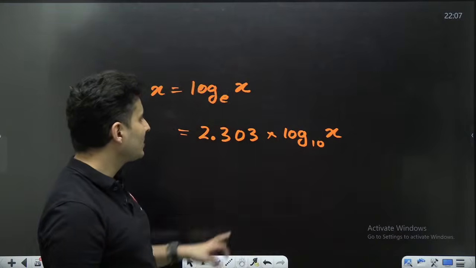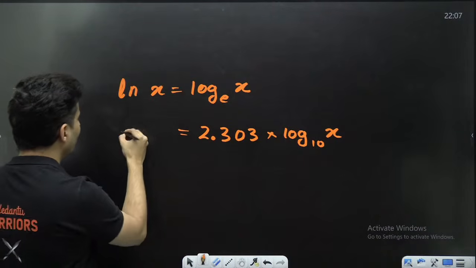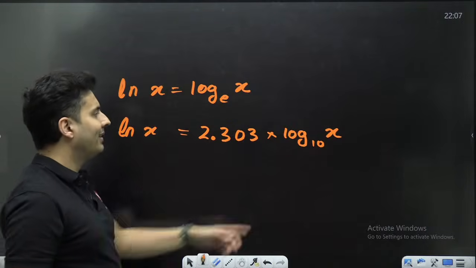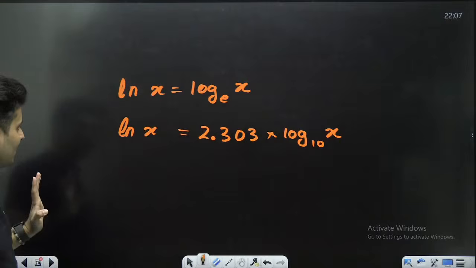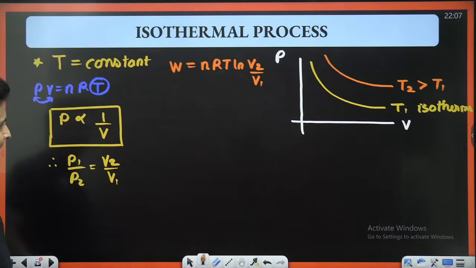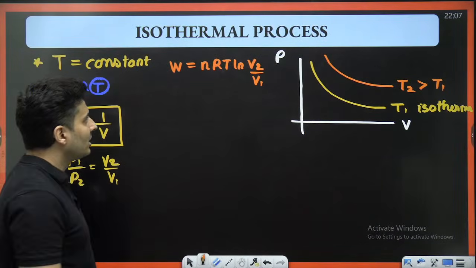Alright, so you can use this formula to convert from ln x to log of x to the base 10. This is your natural logarithm. Okay, standard things which you would have learnt in logs.